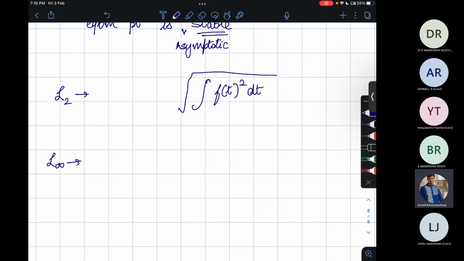What are the integral bounds? 0 to infinity. Now, what is this? This is just an expression. So how does this say that this function is L infinity, L2 or not?